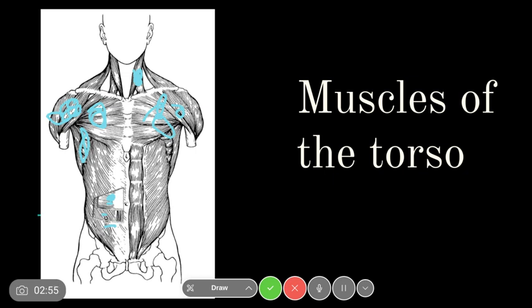Next, you have the internal oblique, which is the middle layer, and its job is to compress the abdominal wall. Next, you have the external oblique, which is the most superficial layer, and its job is to compress the abdominal wall.